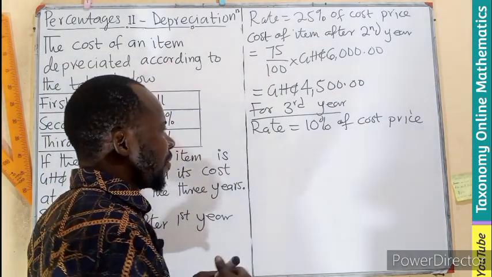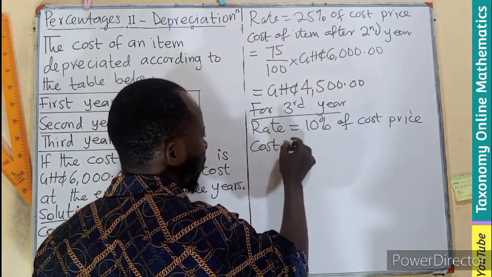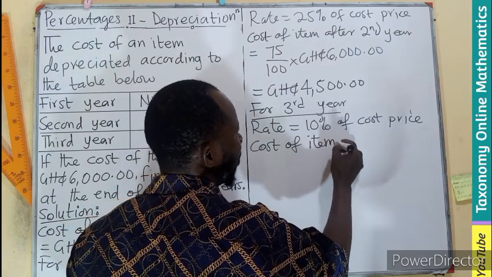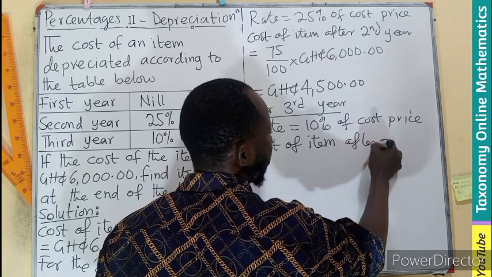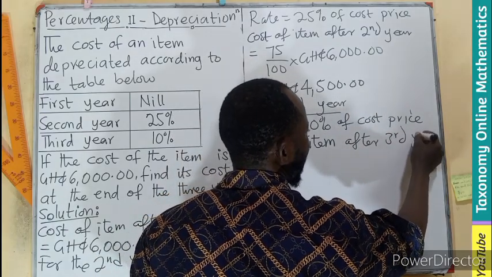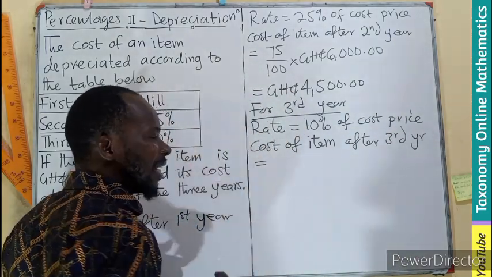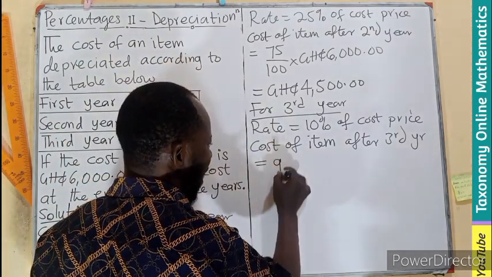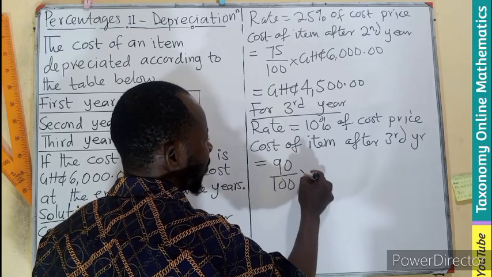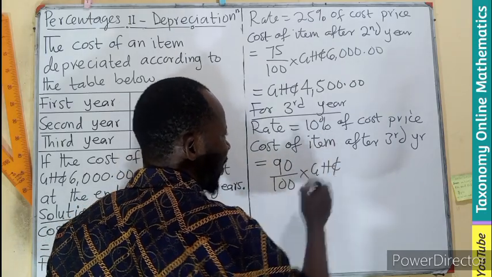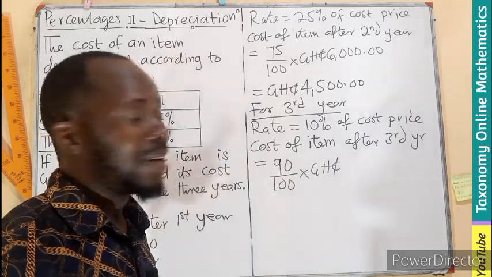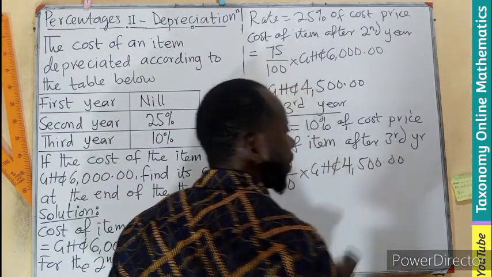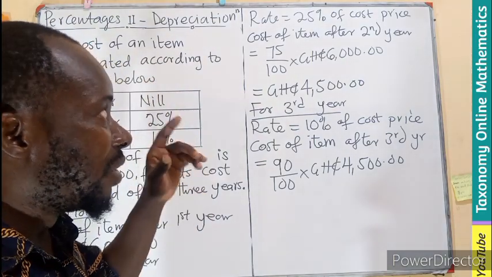So I can say from here that the cost of the item after the third year, with the 10% reduction in the 100%, will give you 90% of the cost price. Now remember, we are no more having 6,000 at hand. We are now having 4,500. Remember, you are not going to use the first one.